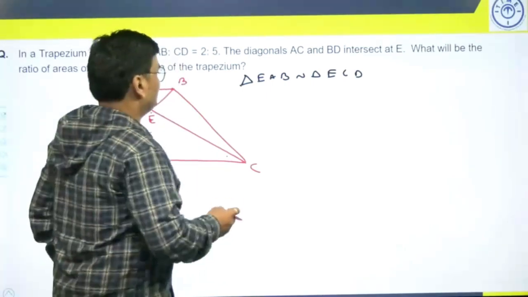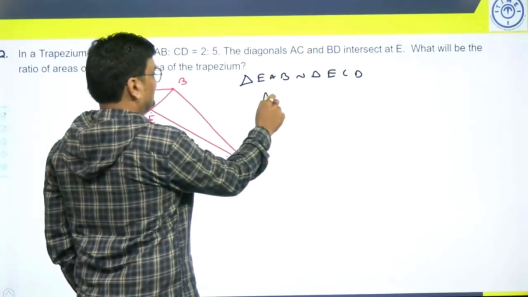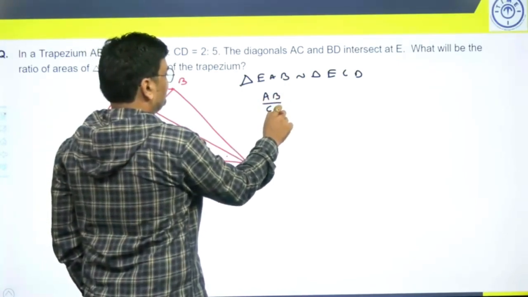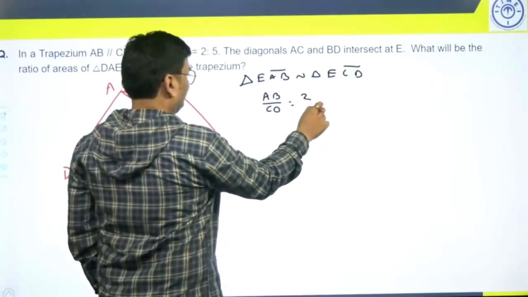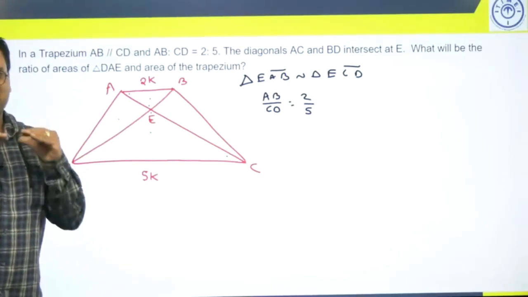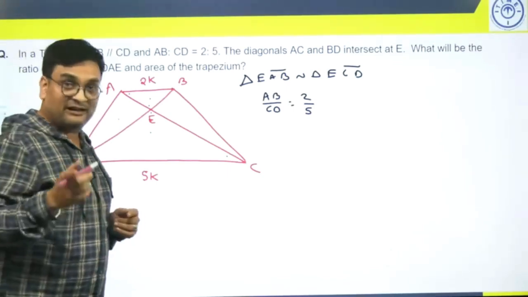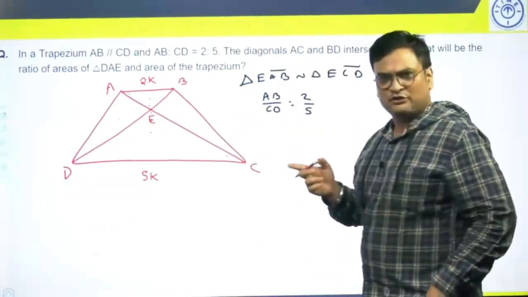If they are similar, can I say the ratio of their sides? So what will be the ratio of the sides? AB by CD, which is given to be 2/5. Now also note, in case of similar triangles, not just the sides but perimeters also, heights also, radii also, everything will be in this ratio, 2:5 only.